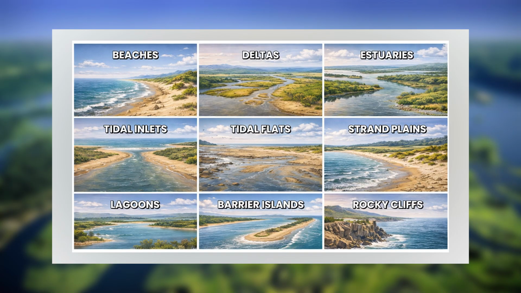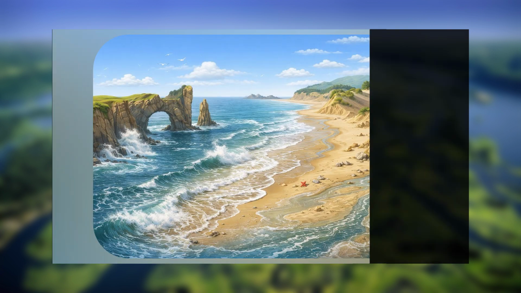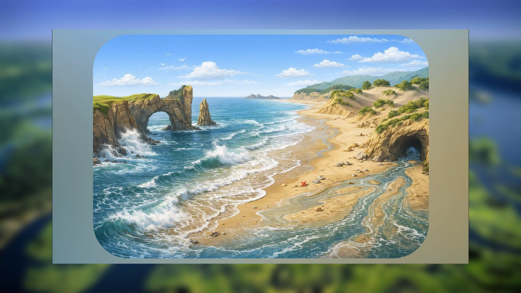Coasts encompass a diverse range of environments including beaches, deltas, estuaries, tidal inlets, tidal flats, strand plains, lagoons, barrier islands, and rocky cliffs. The landforms of the coast are fashioned by weathering, waves, tides, erosion, transport, and deposition of sediments.